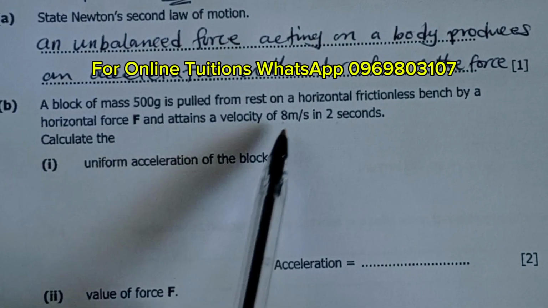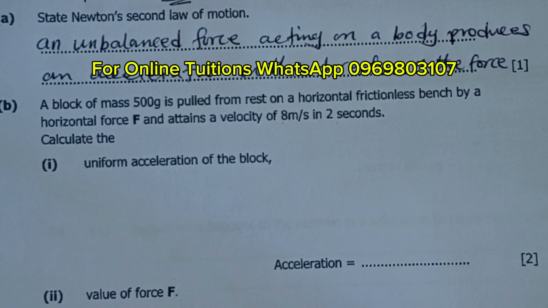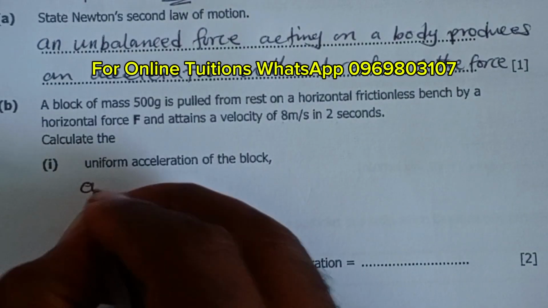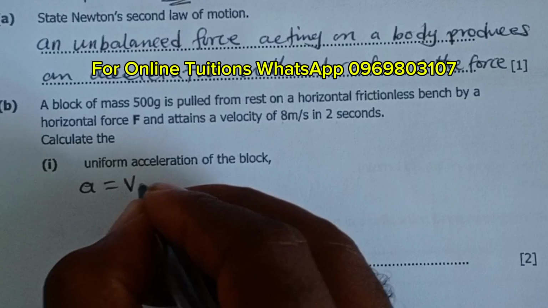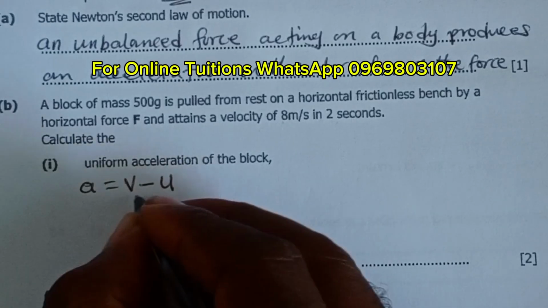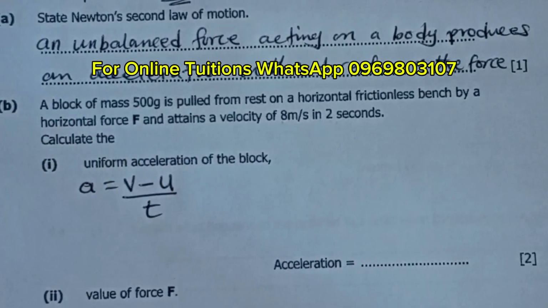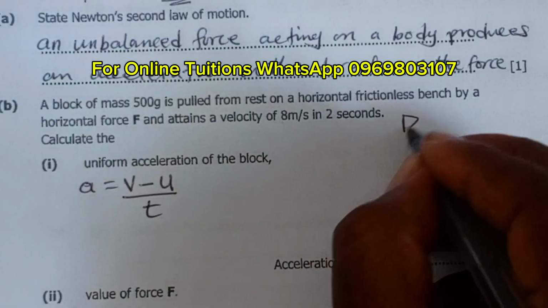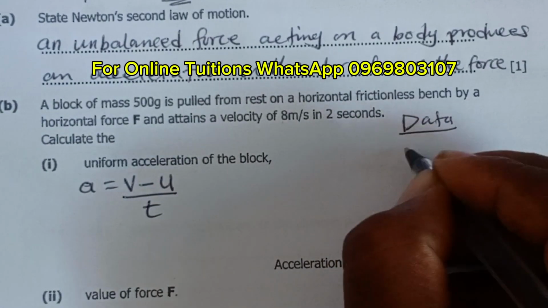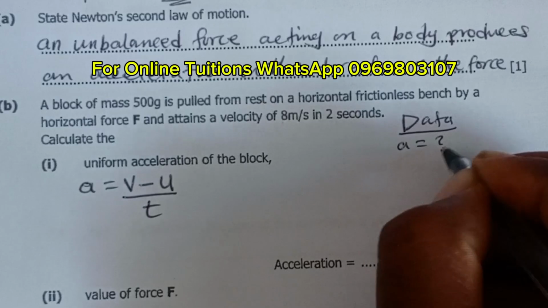Since velocity and time are given, we're going to use this formula. Acceleration is equal to final velocity minus initial velocity divided by time taken. In this case, we have the data. Acceleration is what we want.